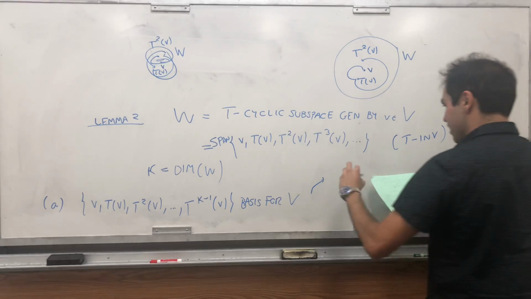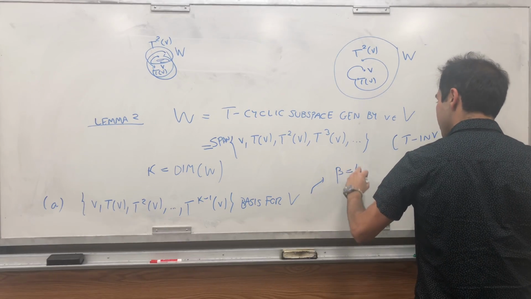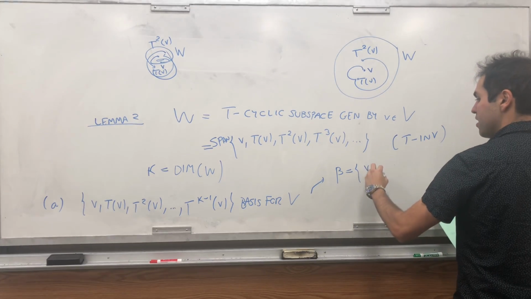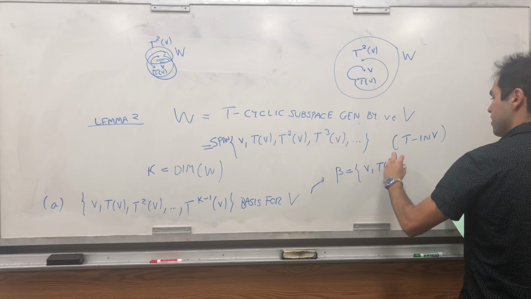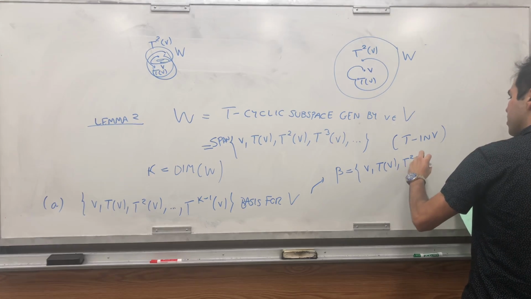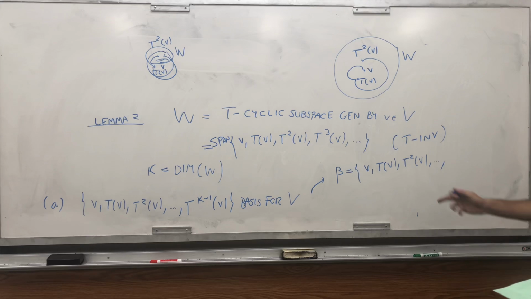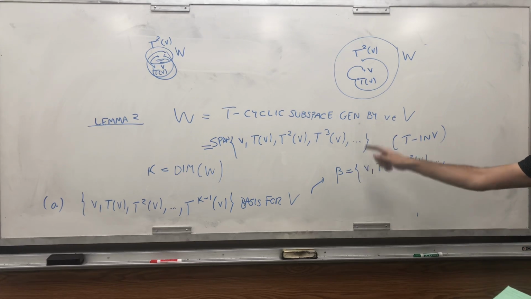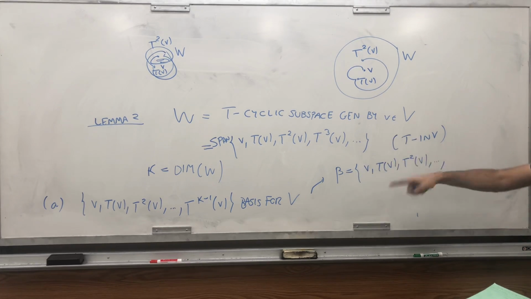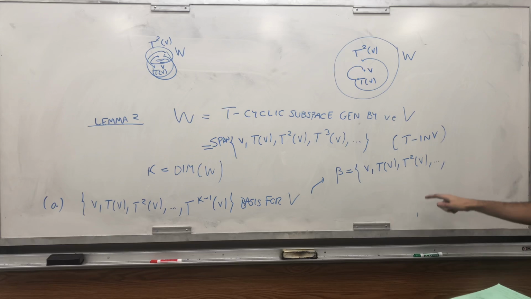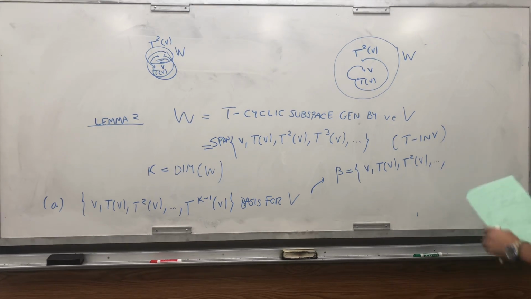So let beta start with v and then apply T to it: T of v, T squared of v, and so on. Well, this process has to stop because at most n vectors, where n is the dimension of V, otherwise it won't be linearly independent anymore.